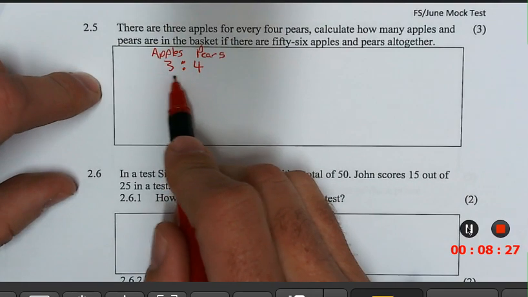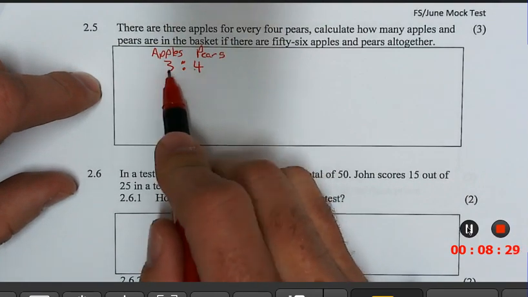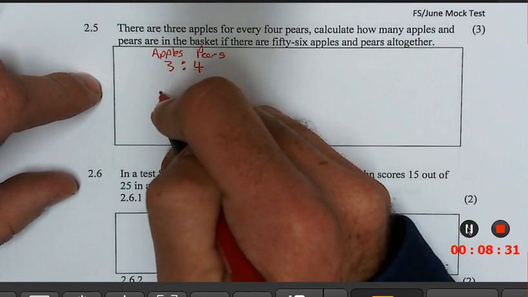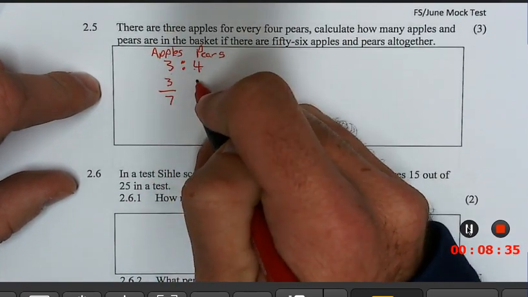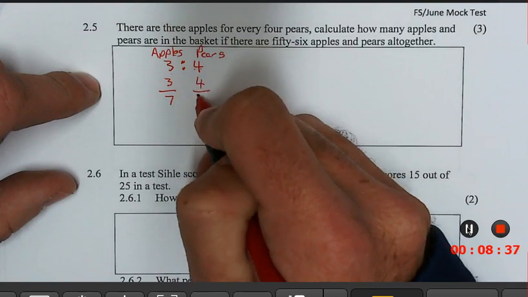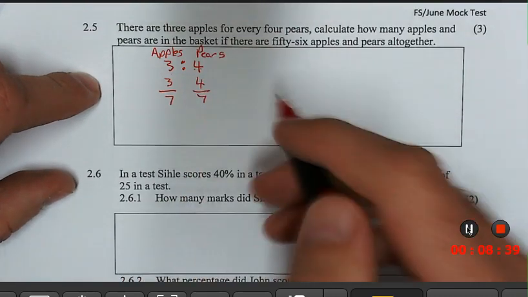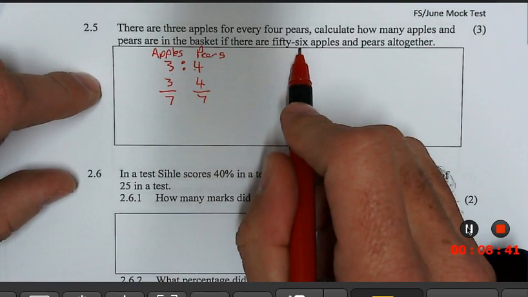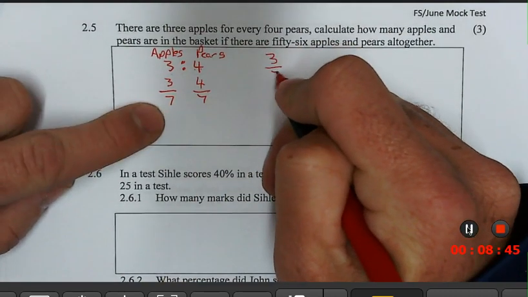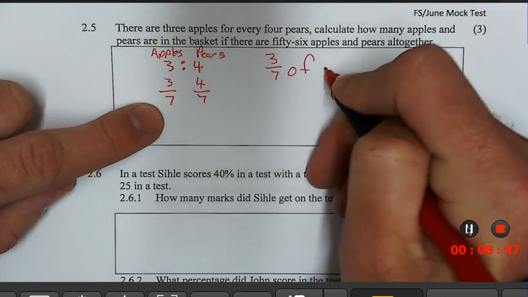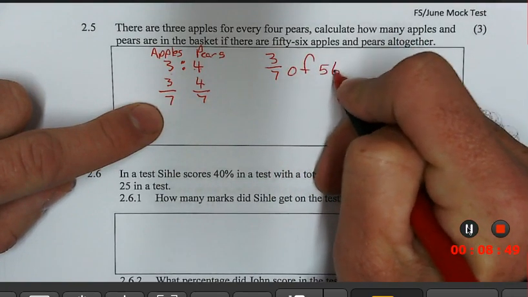Just going to make apples there so that we can remember, and pears are on this side. Okay, first step we do is we put these two together. 3 and 4 gives me 7. So 3 sevenths are apples and 4 sevenths are pears. Okay, and then we know the total is 56, so we need to work out 3 sevenths of the 56.